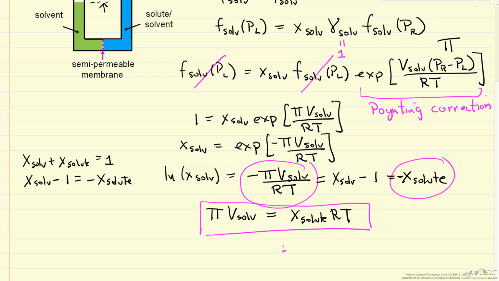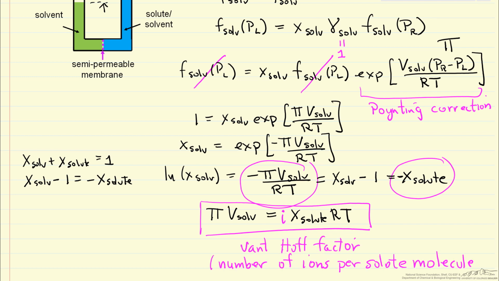And I mentioned at the beginning that we derived this assuming a molecular solute. If we have instead something that dissociates, then we actually have more species in solution. Entropy is higher. We have to account for that, and we account for that with this term that's the Van't Hoff factor.